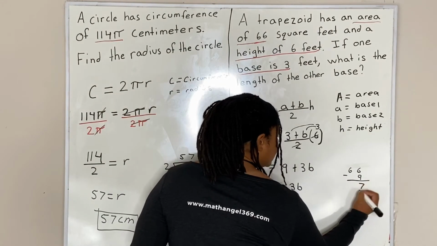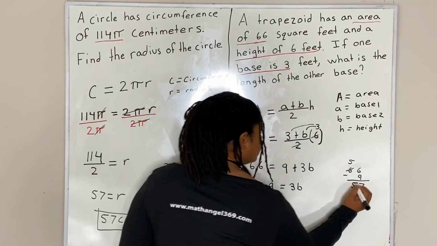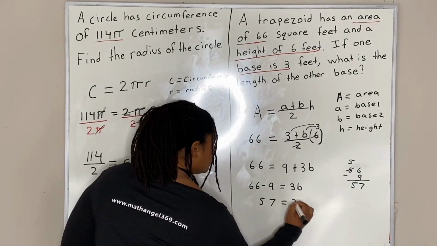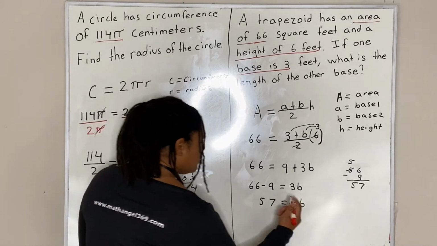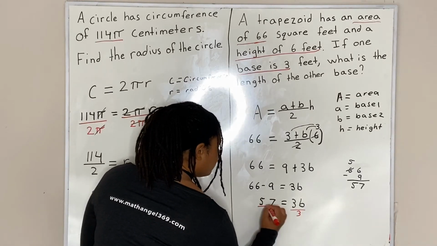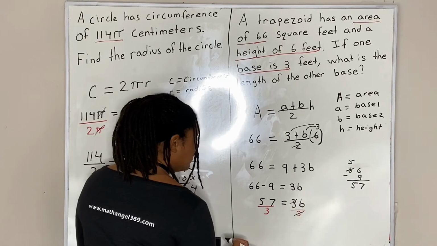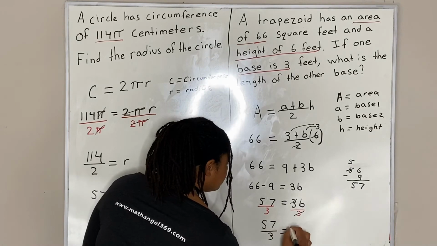We have 7 here. This becomes a 5. So we have 57. So now we have 57 is equal to 3b. And if I divide both sides by 3, our 3's cancel, and we're left with 57 over 3 is equal to b.